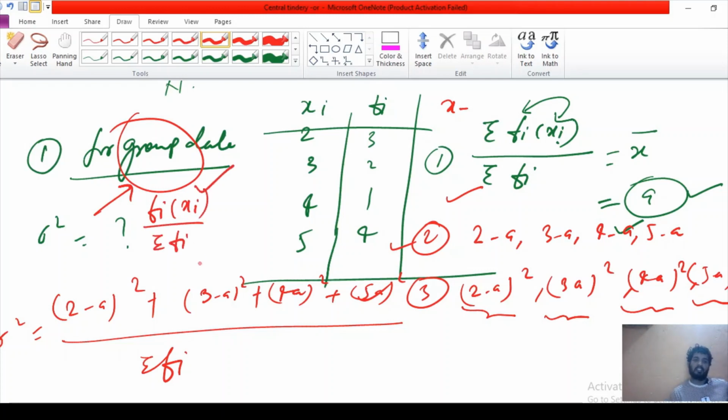Here x is the new observations, so its corresponding frequency also multiplies, 3, 2, 1, and 4, and the sum of all frequencies, right.